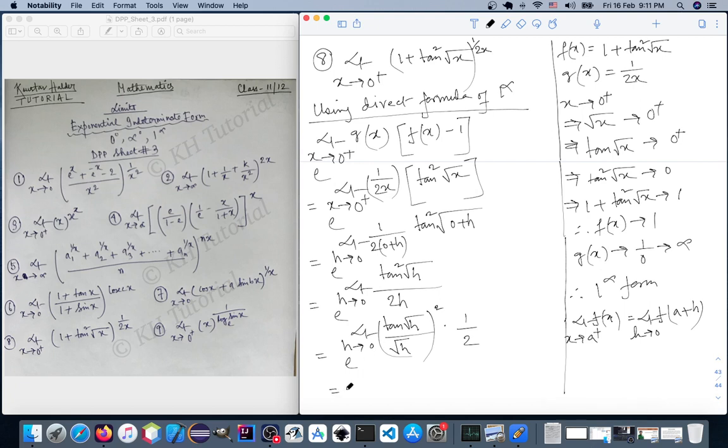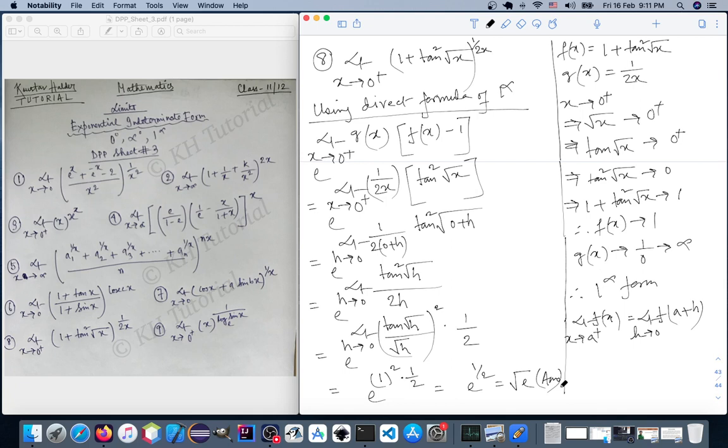So root e is the answer. The limiting value of tan root h divided by root h, as h tends to 0, is 1, because we have the same root h in tan as well as in the denominator.